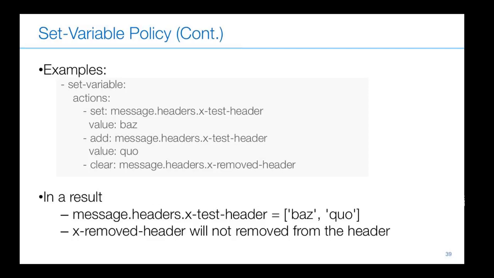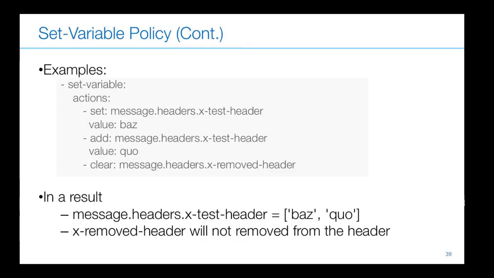This one presents to you an example of how to use the set variable policy. For example, the first action sets message.headers.x-text-header to a value, and the second appends a value to the same header, so in the result, message.headers.x-text-header will be an array with bus and throw.